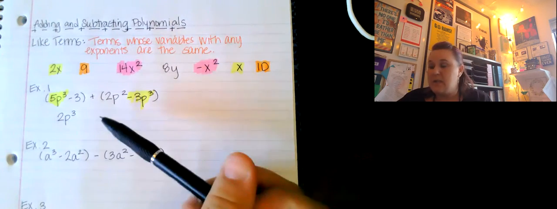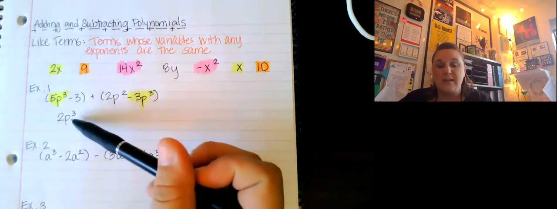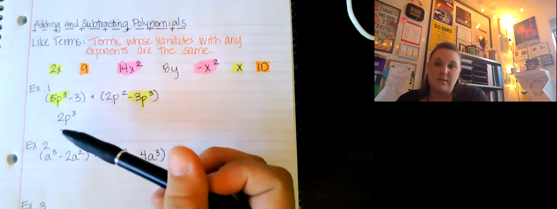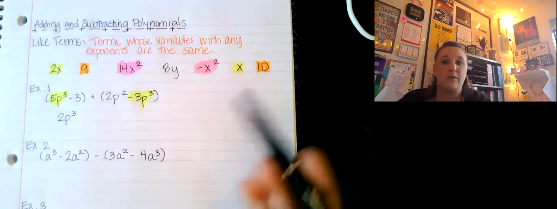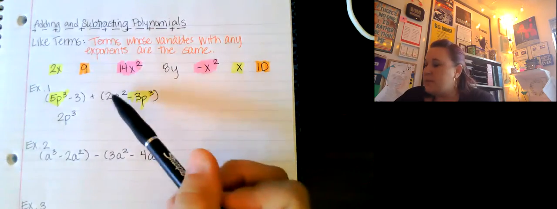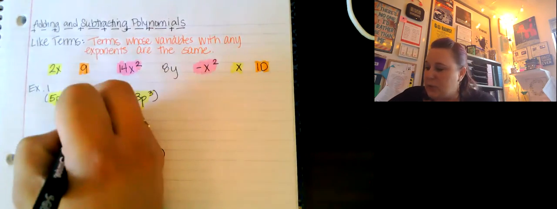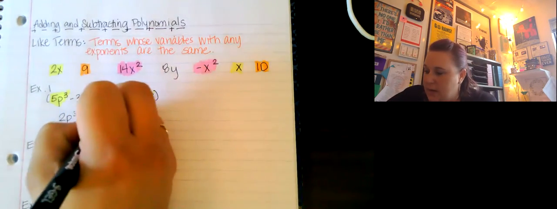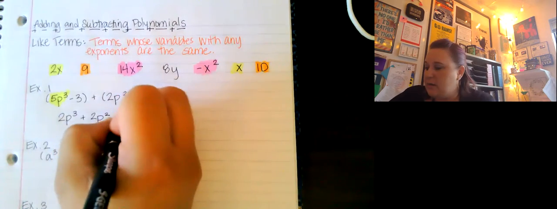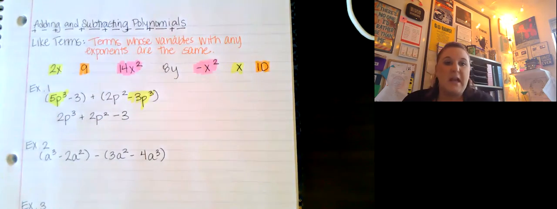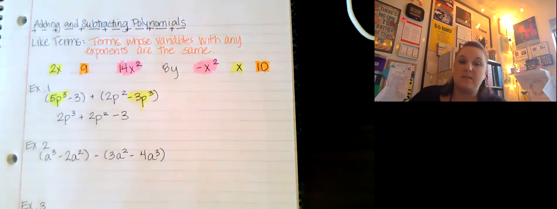And then we're going to write them in descending order. What that means is we always write our highest exponent first, and then we write our next highest, and then the next highest, all the way down to our constants, okay? So my last two terms I have here, I have plus 2p squared, and then I have a minus 3. And there's my added polynomials.